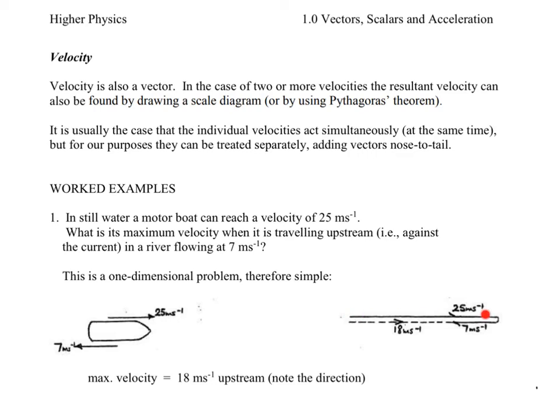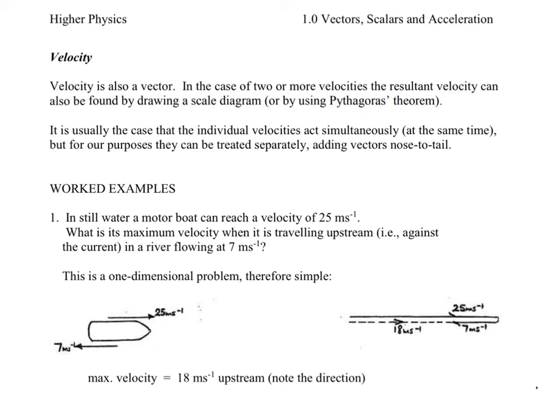So you use the arrow for the boat's velocity, 25 meters per second, and then remember we draw them so that they're head to tail, so you then draw the other one onto the end of the first one. So the 7 meters per second river velocity takes us to here, and that means that from start to finish we'll have a velocity vector of 18 meters per second to the right, in this case, or upstream, as we can see there.